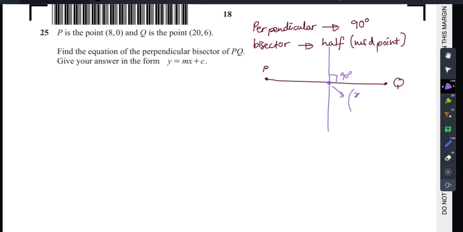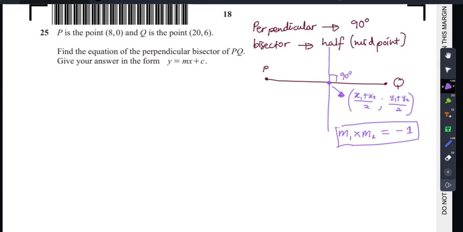You remember how to find the midpoint: (x1 plus x2) over 2, and then (y1 plus y2) over 2. We need that point. And one thing we need to recall is that when you have two lines that are perpendicular, the gradient of the first line times the gradient of the second line should always give us -1. So these are the key ideas we're going to use to find the equation of that line.